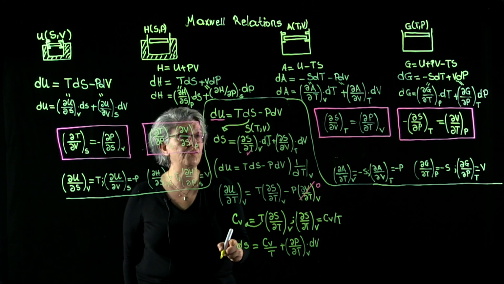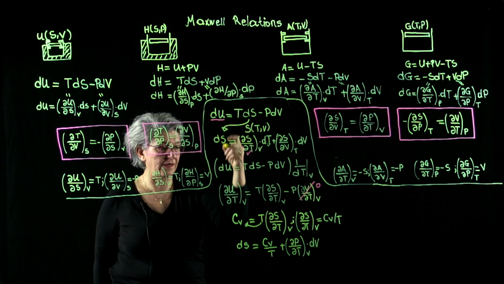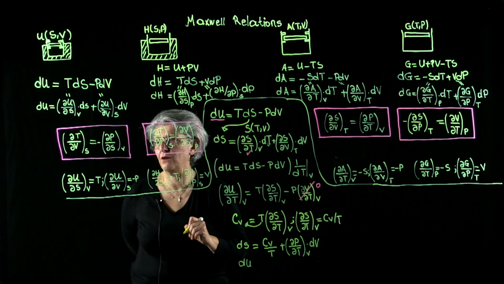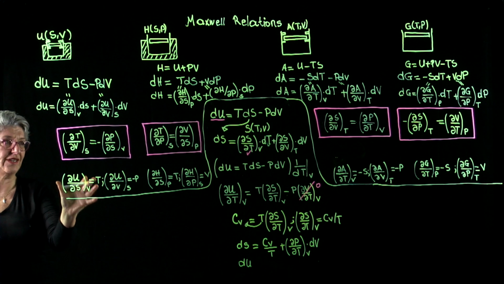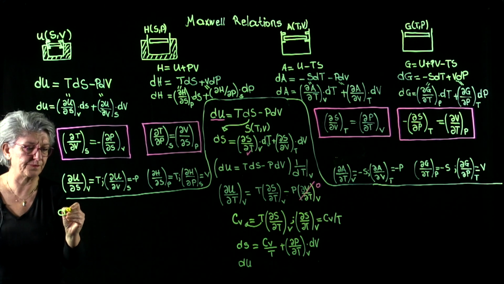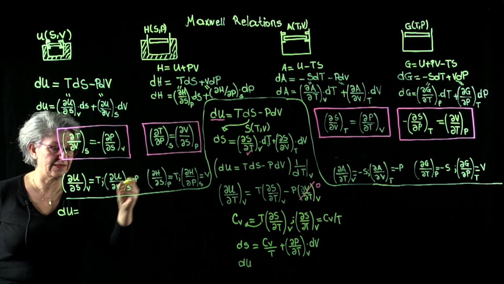I'm going to take this one and substitute it in here to obtain du. Or maybe I should just continue and write du here so that I'm going to have the u relationship. du is equal to T times dS.